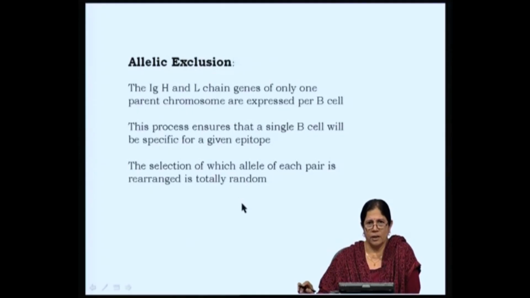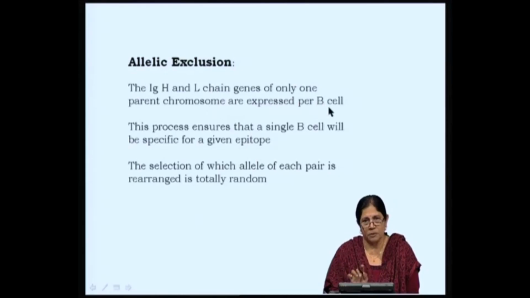Now, recombination happens only in one of the alleles, never on both alleles at the same time, and I am going to deal with this once more, but there is a coordinated way by which recombination takes place. It is known that the immunoglobulin heavy and light chain genes of only one parent chromosome are expressed per B cell. The other one is excluded.